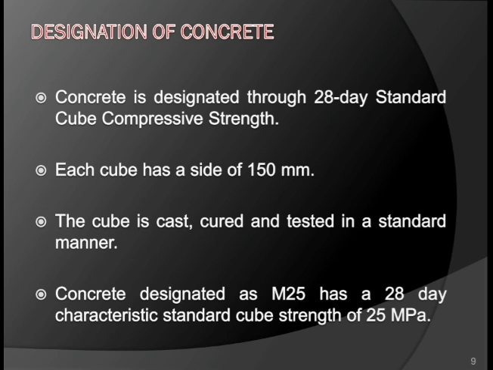Before placing the concrete on site, the same proportionate concrete is tested in the laboratory. How? They mix that material, cast it, and prepare a cube. That cube is of 150 mm size each.